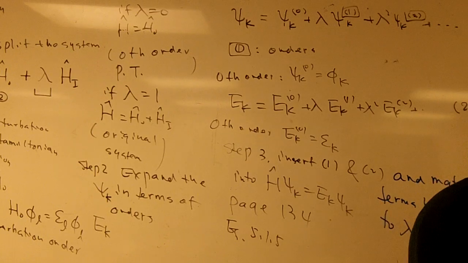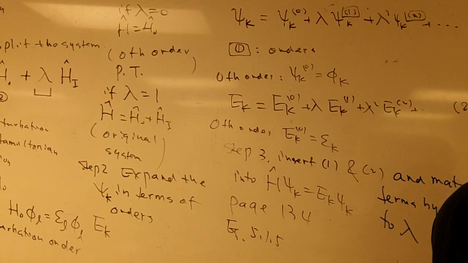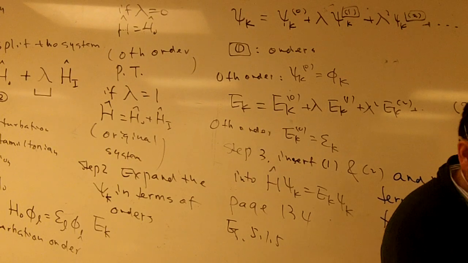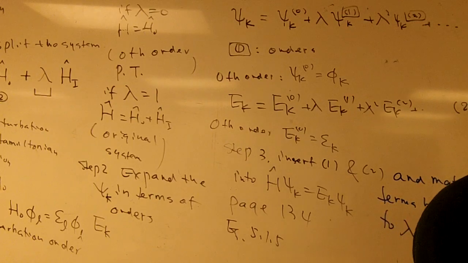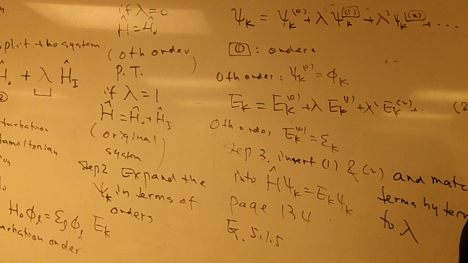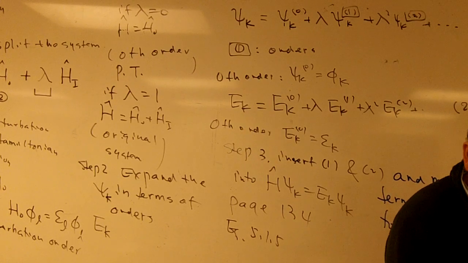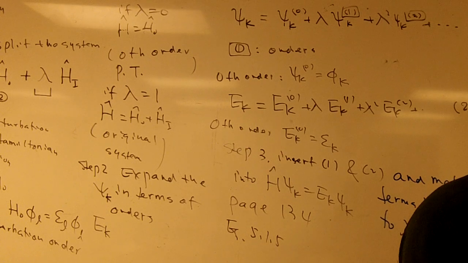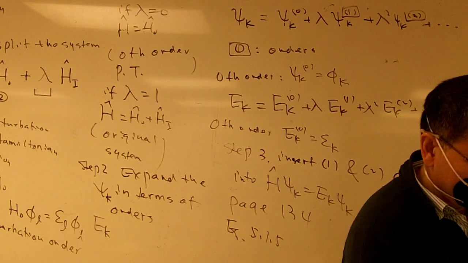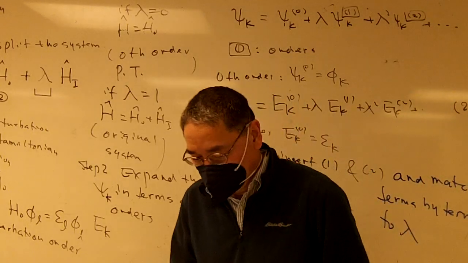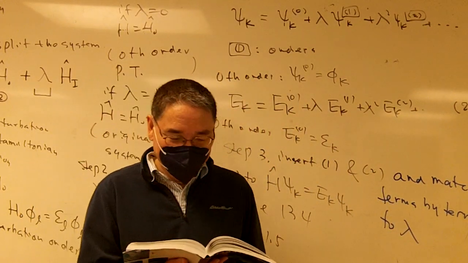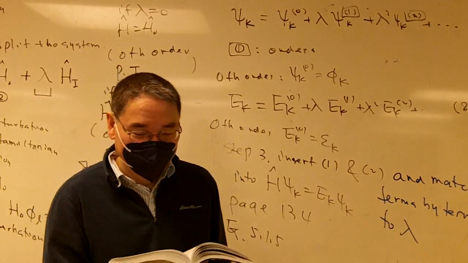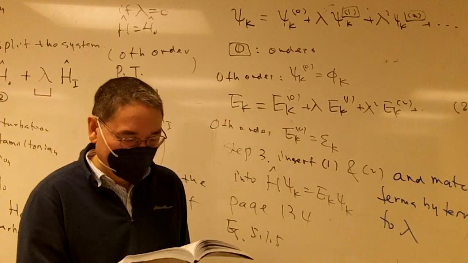Plugging psi sub k to the zeroth order equals phi sub k and E sub k equals epsilon k into this equation yields H-hat naught times psi sub k to the first plus H-hat sub I times phi sub k equals epsilon sub k times psi sub k to the first order plus E sub k to the first order times phi sub k.